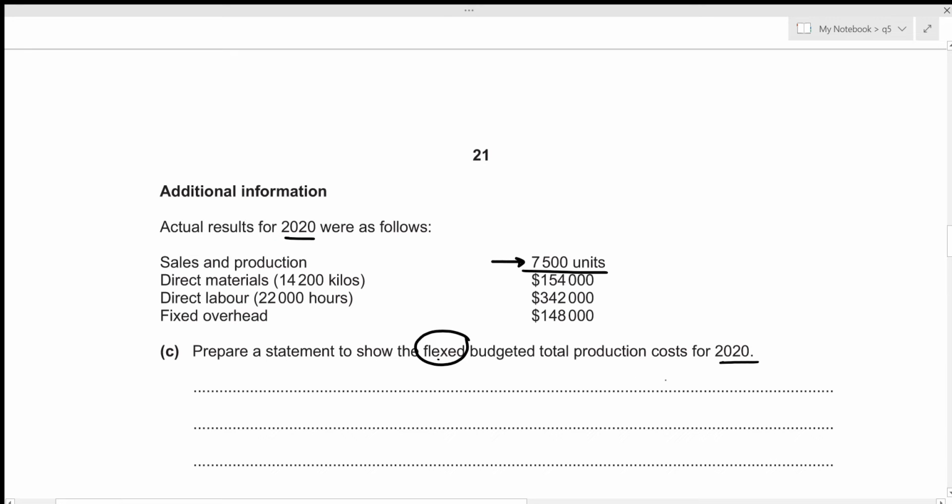Let's write it down. And we are only trying to figure out the total production cost. And our cost, as we can see here, is direct material, direct labor, and fixed overhead. So that's direct material, direct labor, and fixed overhead.